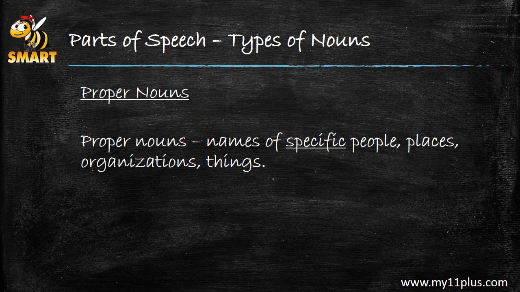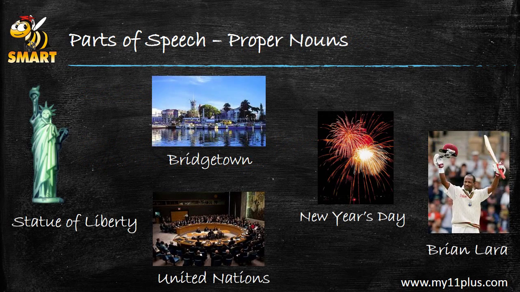We move on now to a different type of noun. Proper nouns. And unlike common nouns, proper nouns are names we use for specific people, places, organizations, things. Examples of proper nouns: Statue of Liberty, Bridgetown, New Year's Day, United Nations, Brian Lara.